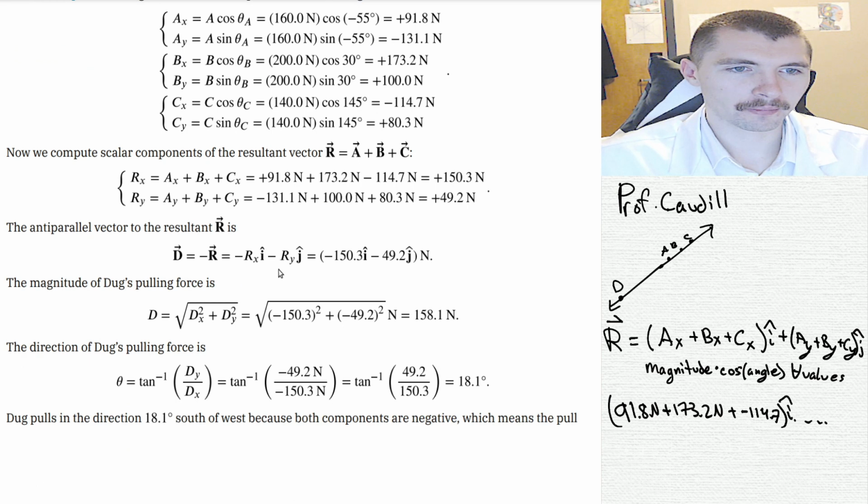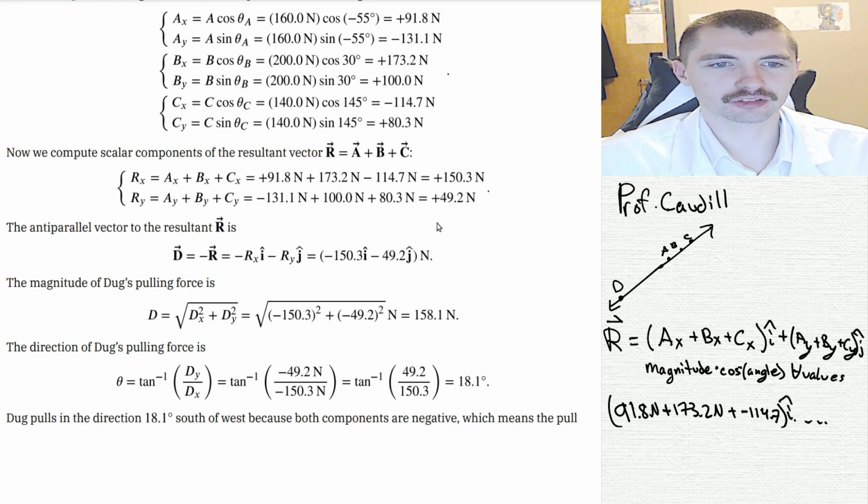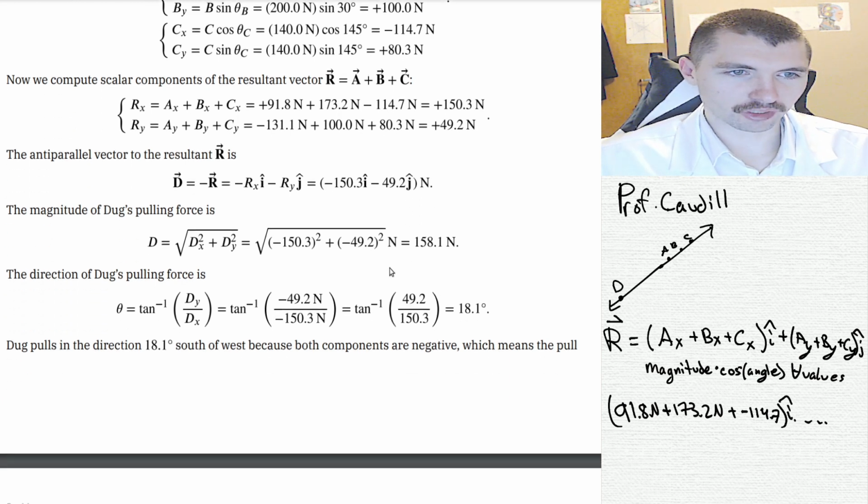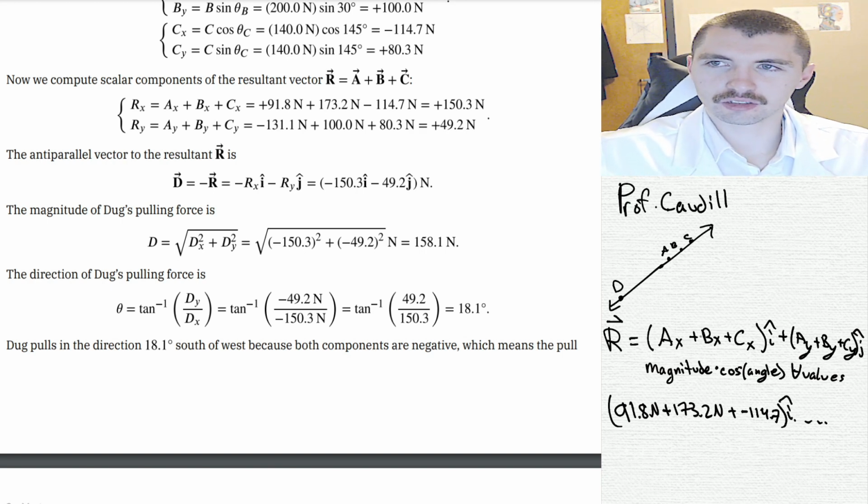So R is 150 and 49, but you want it negative because it's going in the opposite direction to make it a zero net force. So it'll be negative 150 minus 49. Now we have the components.